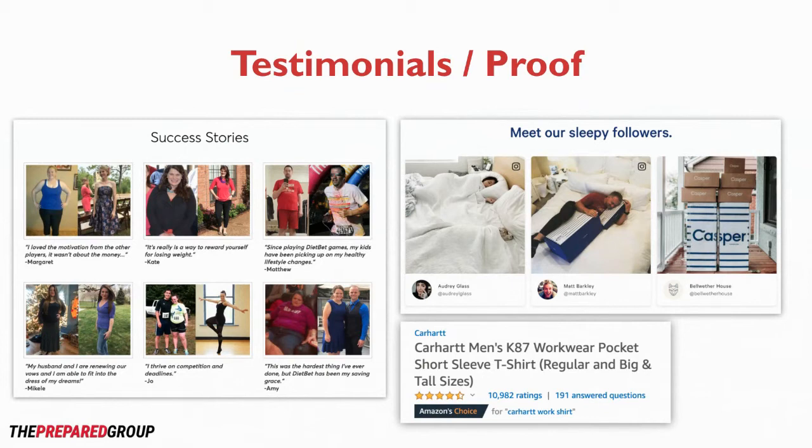And really, the importance of this is that it is helping people see that it works for other people. And remember, we talked about being very targeted in your message, so other people just like them. That's a key to the success of proof, right?